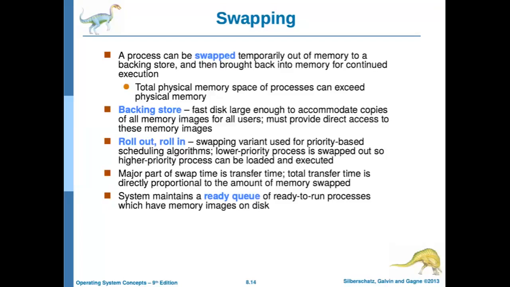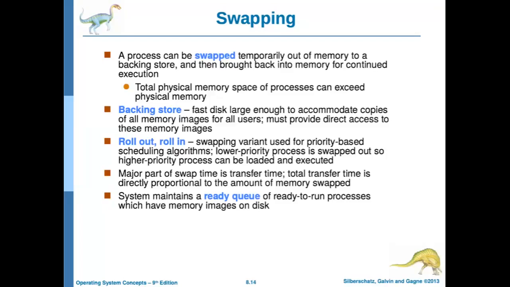Now roll out and roll in, also called swap out and swap in. This is a swapping variant used for priority based scheduling algorithms. If it is priority based, lower priority processes are swapped out so that higher priority processes can be loaded and executed from memory. Remember, the generic concept is called swap out, swap in.